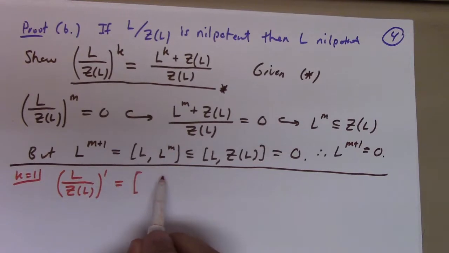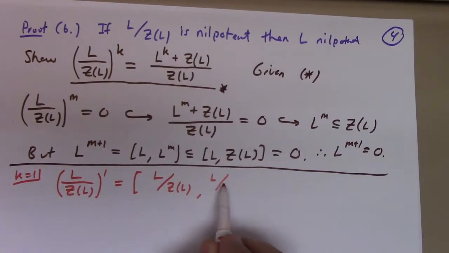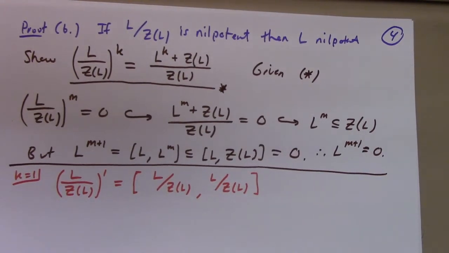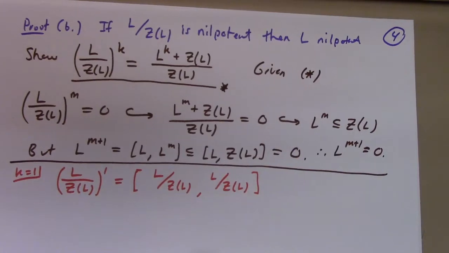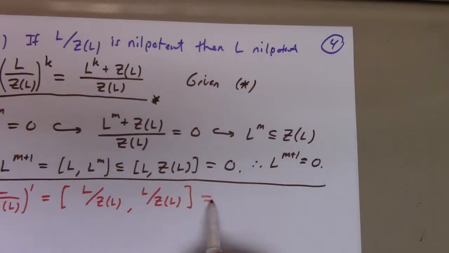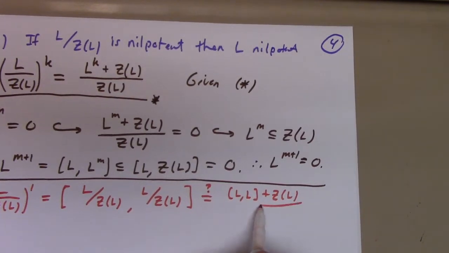That's the bracket of L mod ZL with L mod ZL. The question is, why is that equal to the bracket of L with L, plus ZL, mod ZL?